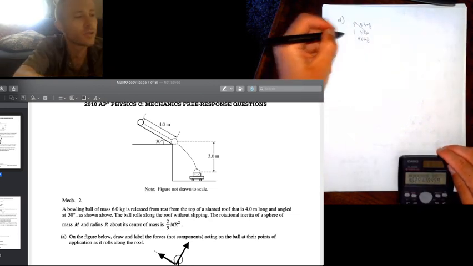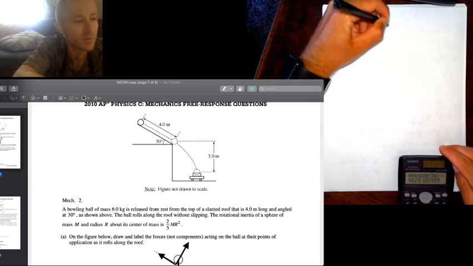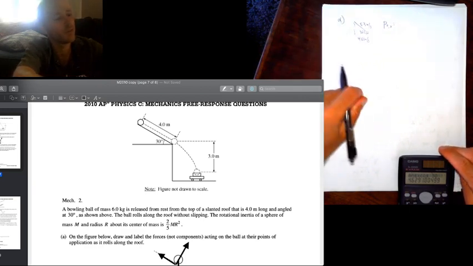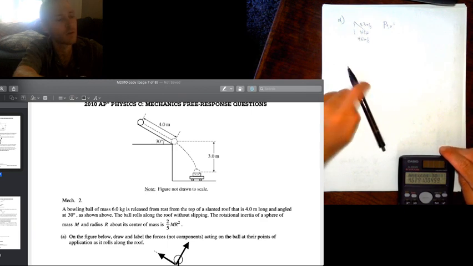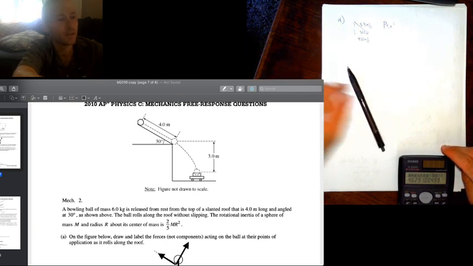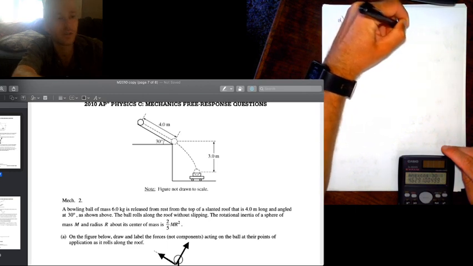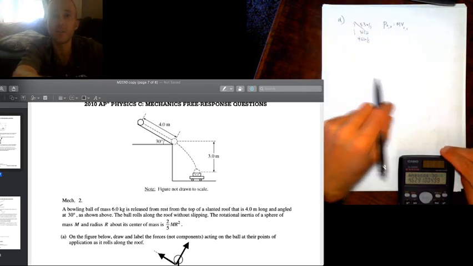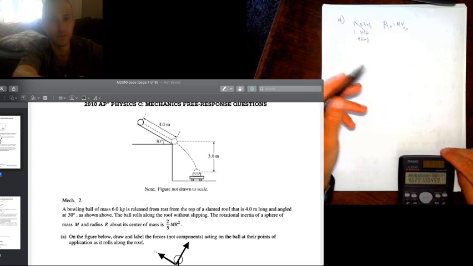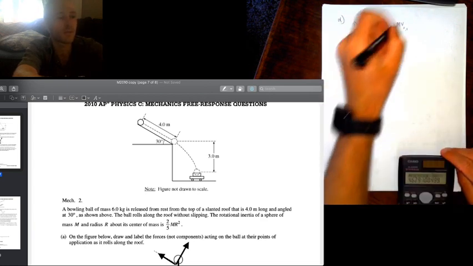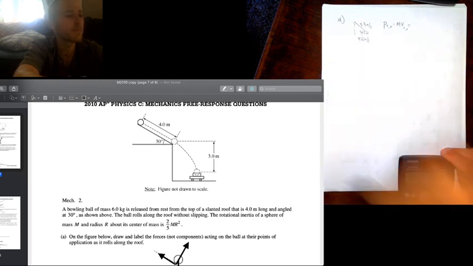Okay? So the initial x momentum of the system is going to be m times v sub x initial. And when I say initial, I mean at the moment that the bowling ball leaves the surface, or leaves the hill.